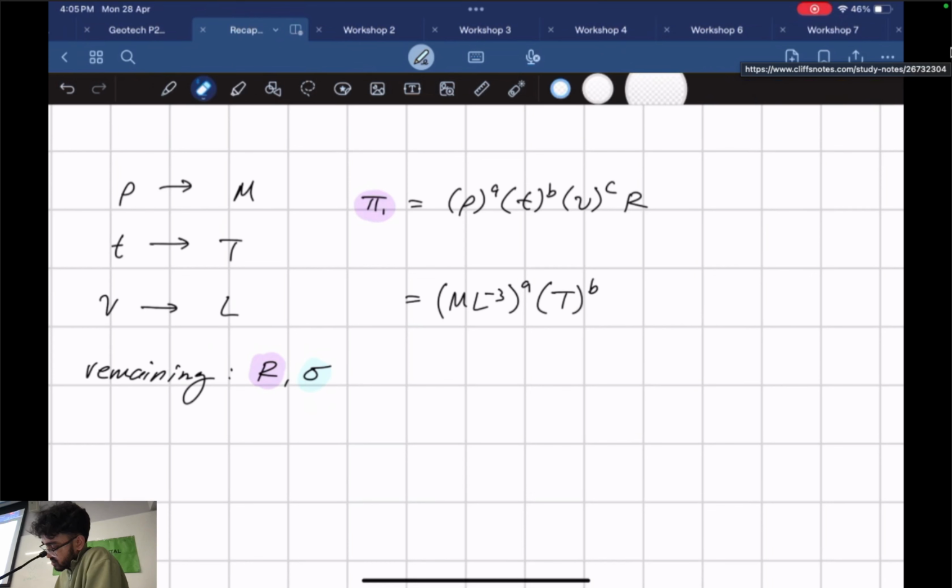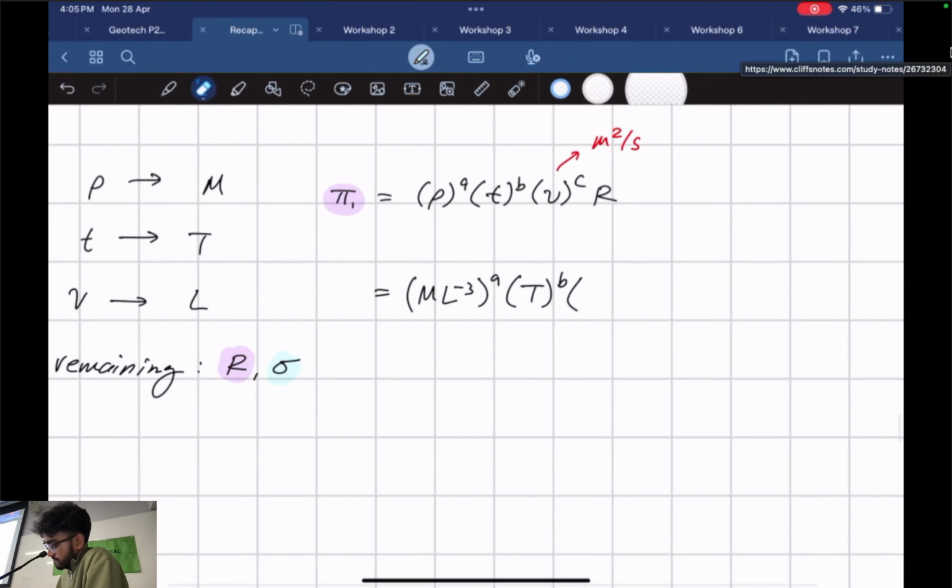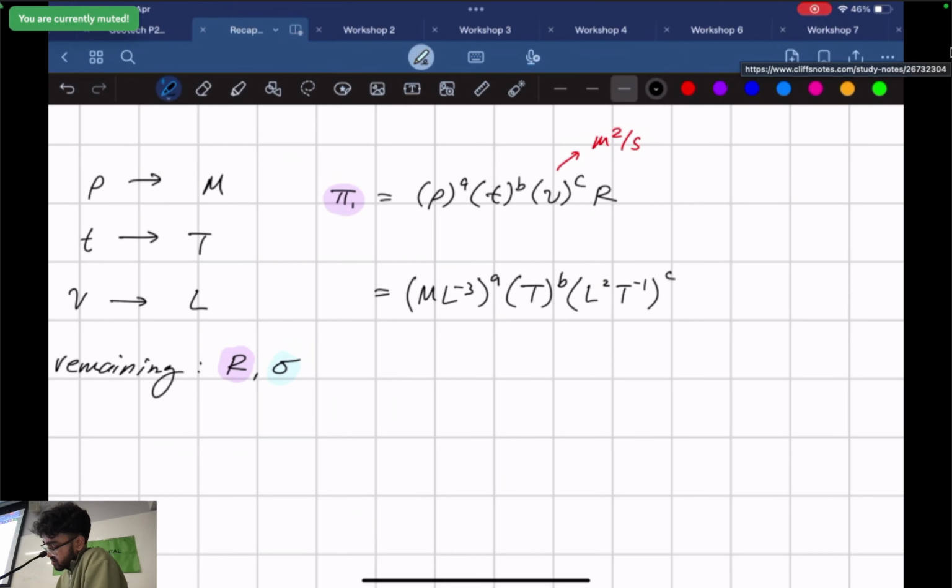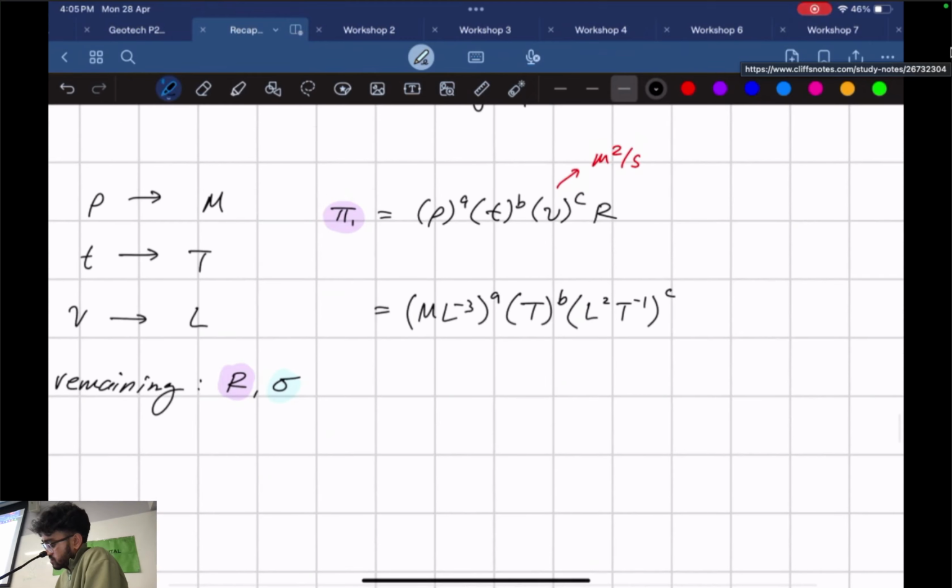Viscosity. That's in units L squared T to the minus 1. Okay. How about R? L, perfect. Because R is radius. Any questions on how I got that?